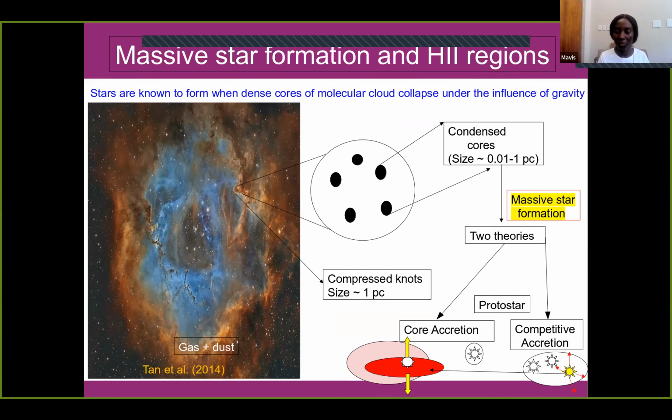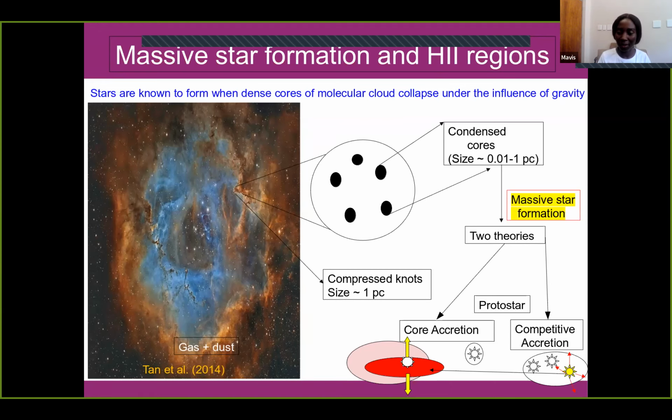There are actually two theories that have been postulated to explain how massive stars form: the core accretion and the competitive accretion. With core accretion, it is believed that a single core would undergo accretion, and depending on the rate of accretion, which should be higher, the core will collapse to form a single star.